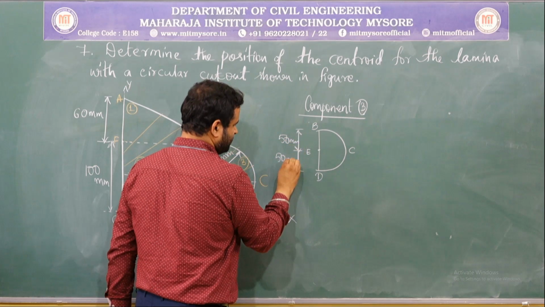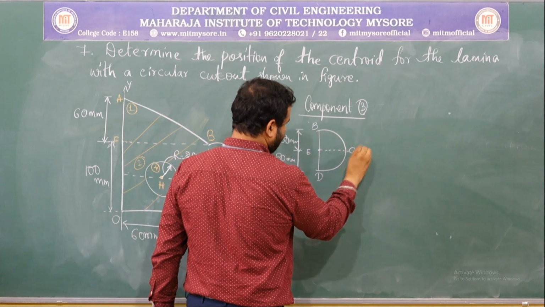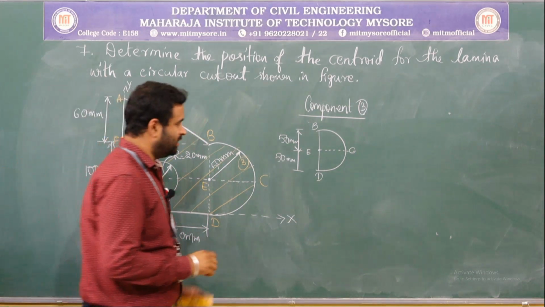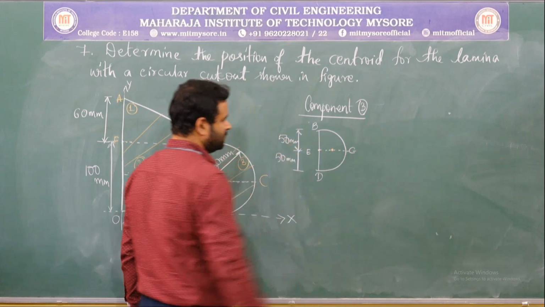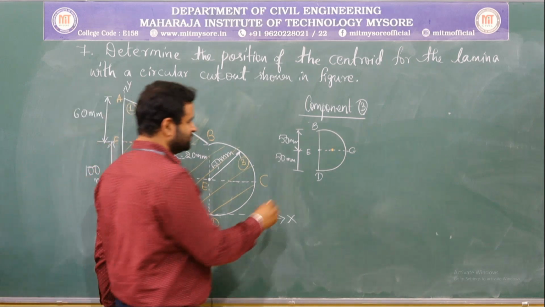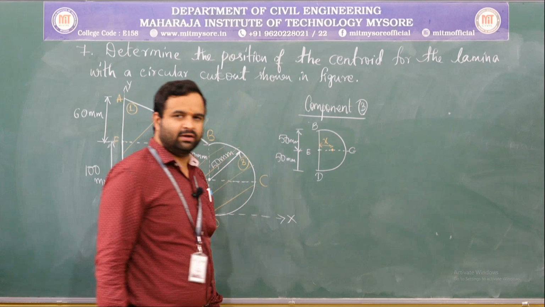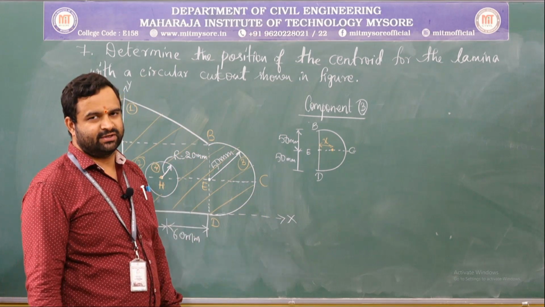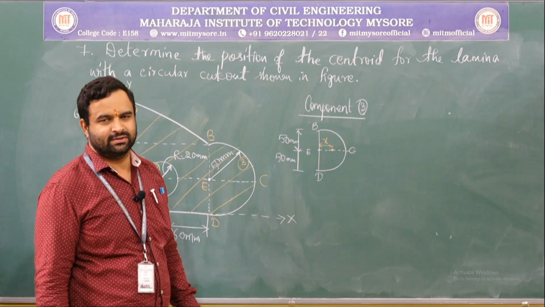So, this will be also equal to 50 mm. Now, where does the centroid of this semicircle lie? It will be lying along this particular line. Again, the orientation of the semicircle is now changed. So, x component will be equal to 4r by 3 pi. Here y bar is absent, y component of this is 0 because it is symmetrical about this axis.